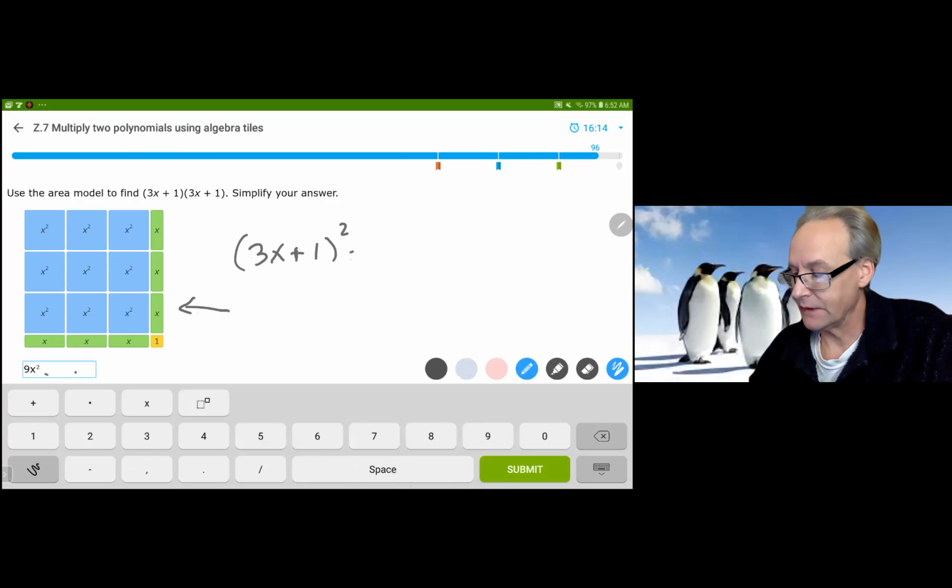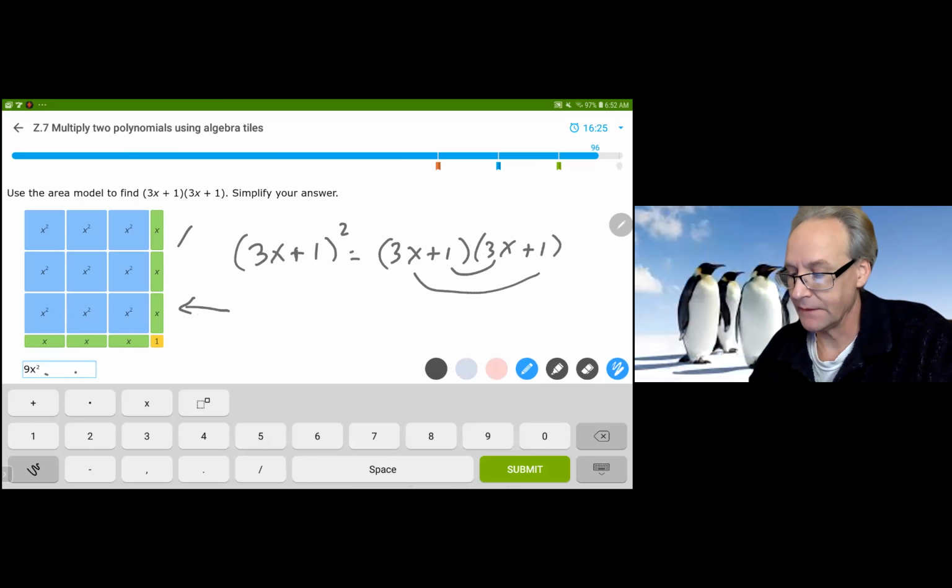You need to remember there is a middle term, and it comes from 3x plus 1 times 3x plus 1. It comes from the 3x and the 3x, and there they are, those green 3x's. Very important that you always get that middle term, and it's always going to be double the product of the factors. And anyway, I'm hoping that makes sense to you. Plus 6x plus 1. Looks good.